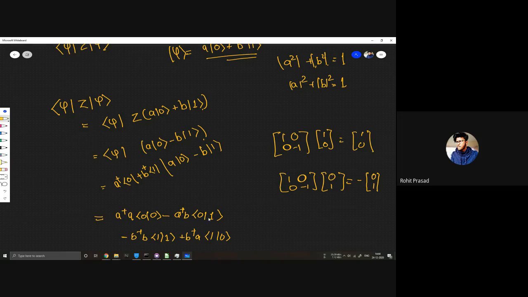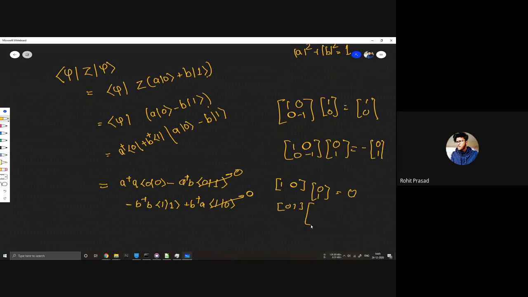But we know that 1 0, if we do this 1 0 0 1, this will be equal to 0, right? This into this plus this into this, so this will be 0, and with the same logic this will be 0 as well, as 0 1 or 1 0, this will be 0 as well.